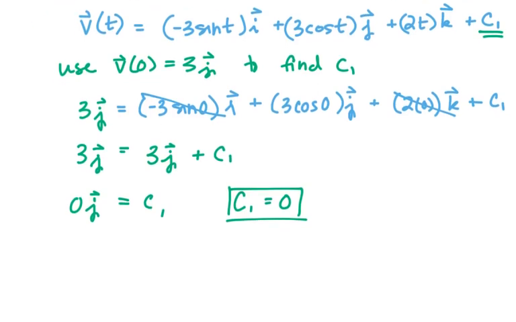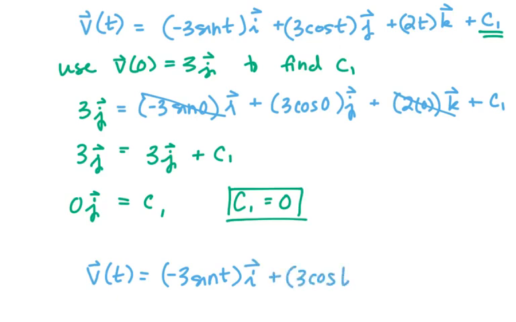So my velocity vector, v of t, is negative 3 sine of t i plus 3 cosine of t j plus 2t k. And I don't need to write plus 0. So there's no constant on our velocity function, which is convenient.